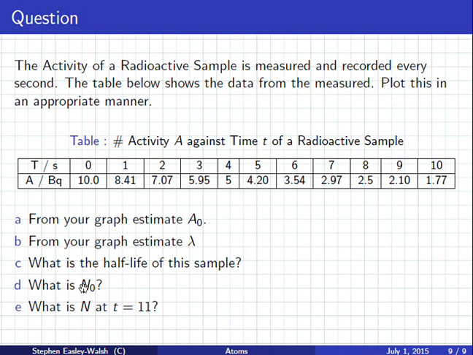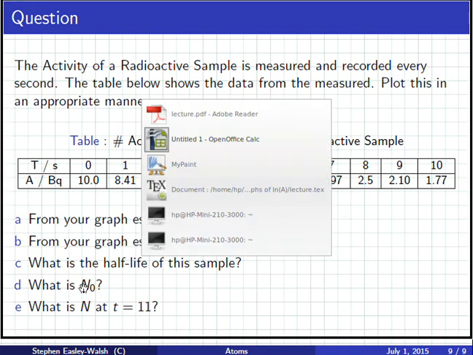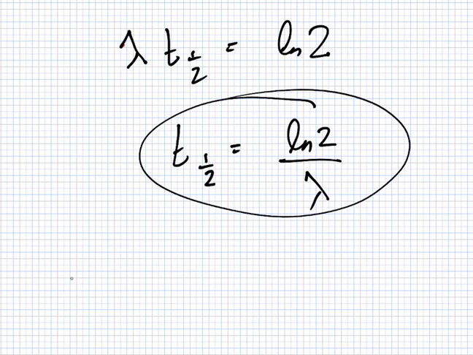Now, what is the n0? Now that's interesting, what is the n0? So, we have this formula, if you remember, A equals minus lambda n. Isn't that it? That's it. Yeah, I gave it to you 2 classes ago, wasn't it?